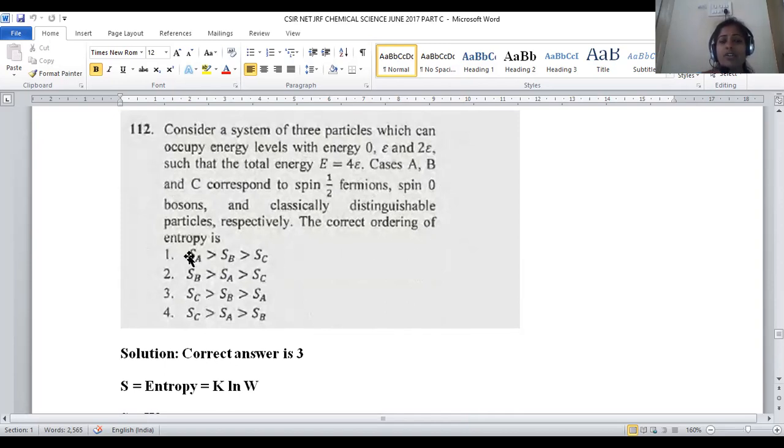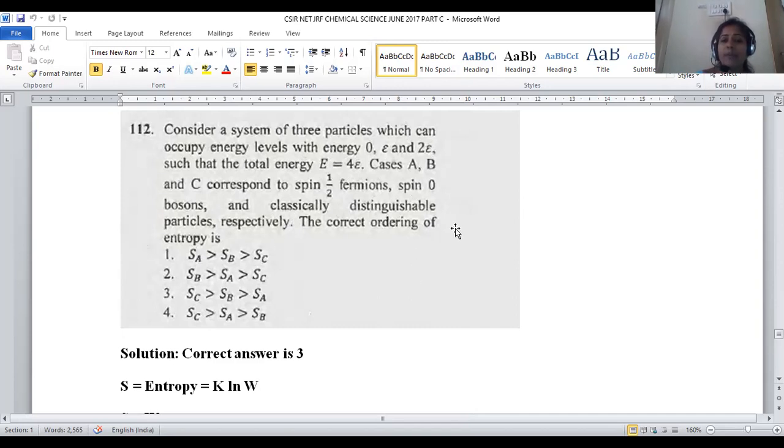The corresponding order of entropy is, right? Here, this is a part of entropy, that means thermodynamics. In this, what is given? 3 particles are there and the entire energy of the 3 particles is given as 4 epsilon, and the 3 particles individually occupy 0, epsilon and 2 epsilon energy levels. Then what do we have to predict?